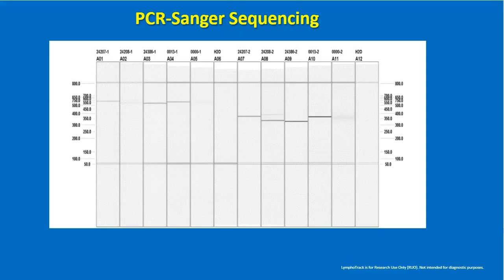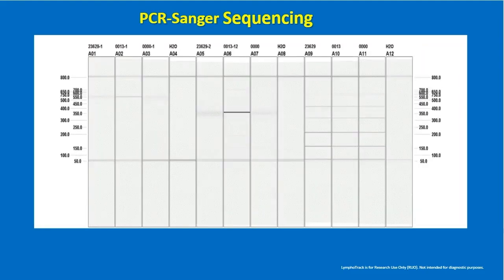We may end up seeing a very low level, as you can see here with the 2 different bands, and it is very difficult to isolate and sequence. Then you may see a smear pattern that is typical of polyclonal, but if you look closely, there could be a strong band. So NGS would definitely help with this kind of situation.